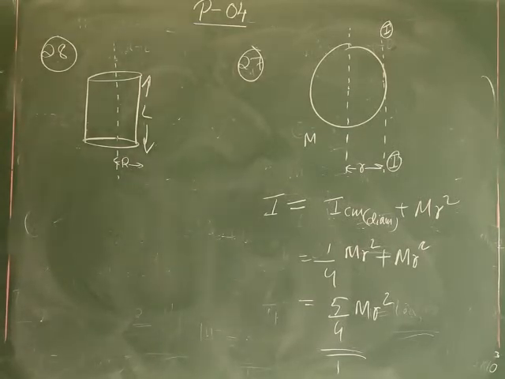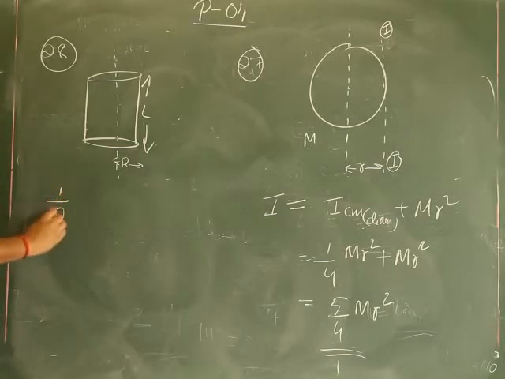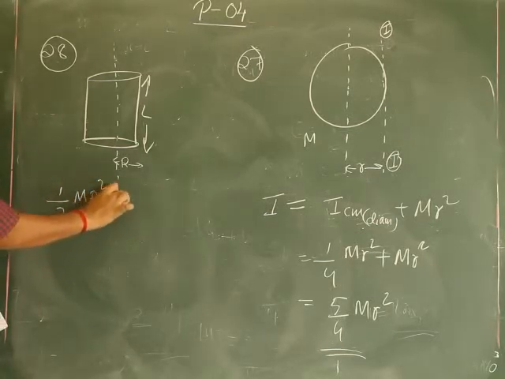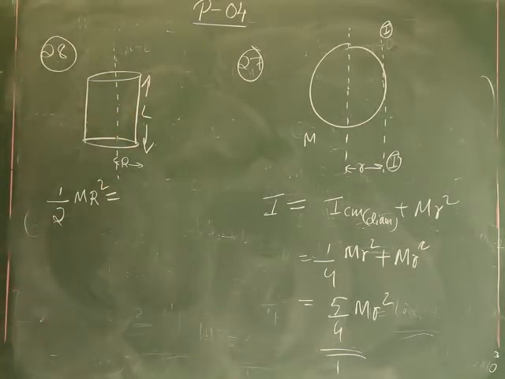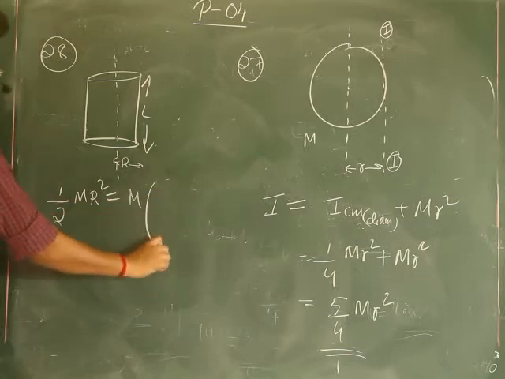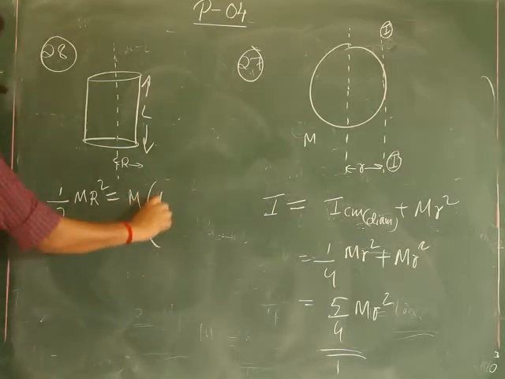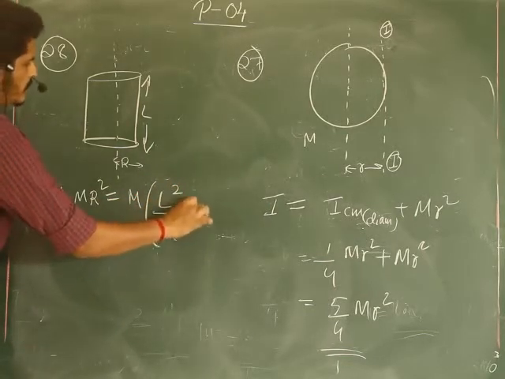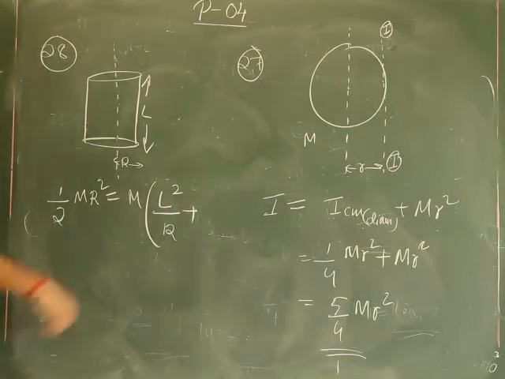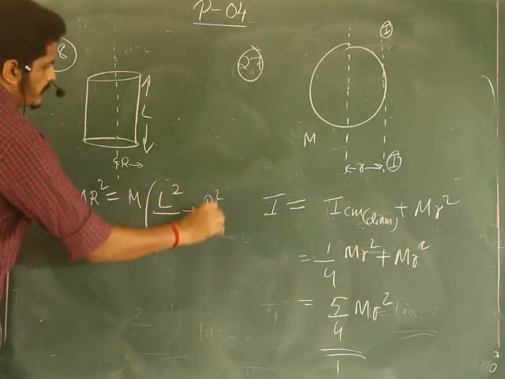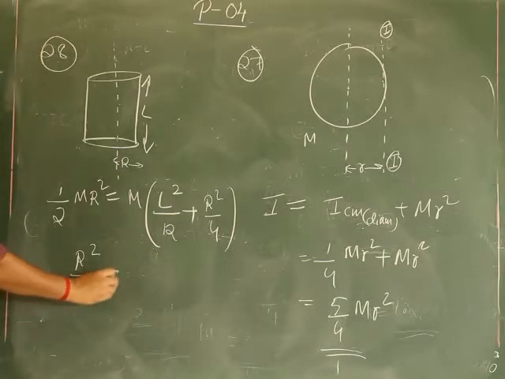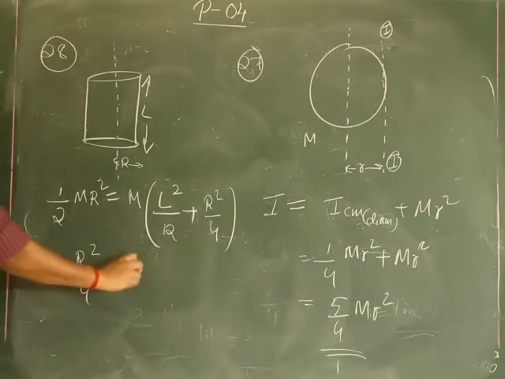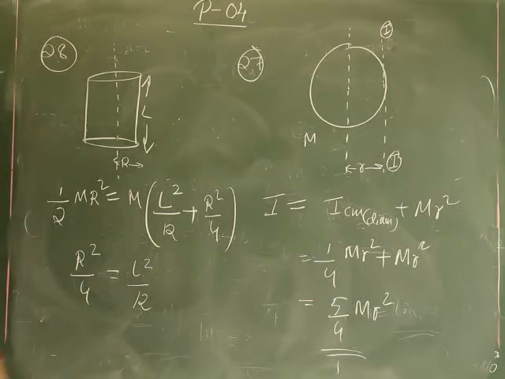The moment of inertia for the cylinder passing through the center is m r square by 2, and this should equal the other one. Passing through this perpendicular axis, it is m into r square by 4, plus L square by 12. These are data to learn by heart. So r square by 4 equals L square divided by 12 after substitution.